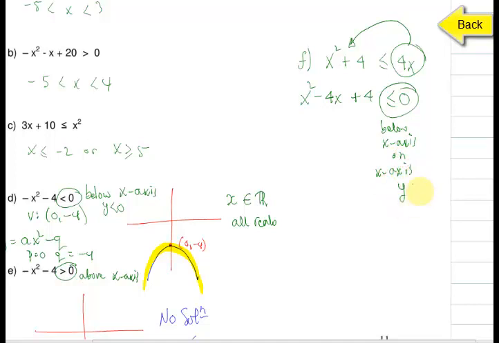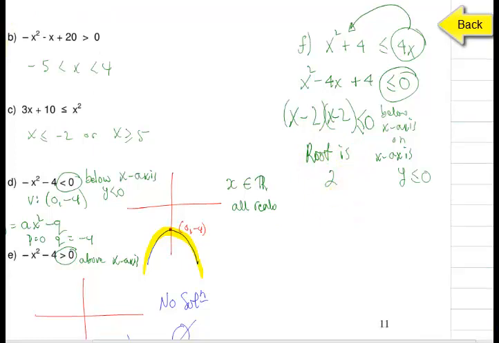We want where y is less than or equal to 0. So let's factor. And the factors of 4 that will give you 4 are 2 and 2. We want minus 2 and minus 2. And notice we've got two equal factors, so our root is 2.